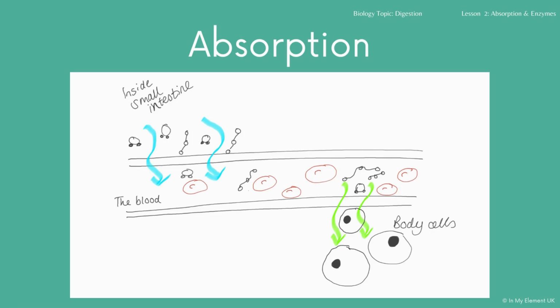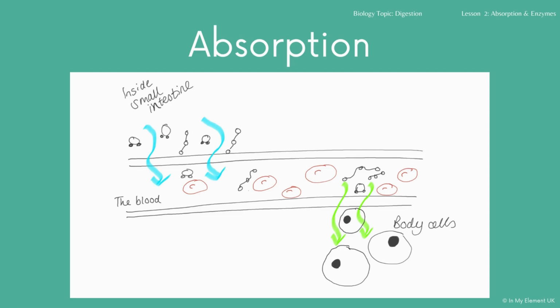So at the top we're talking about it being on the inside of the small intestine. Okay, and on the bottom we're talking about the body cells. So you've got a blood vessel there. Okay, and the blood will flow through that, but the small molecules that have been broken down as a result of digestion pass through the gut wall into the blood.